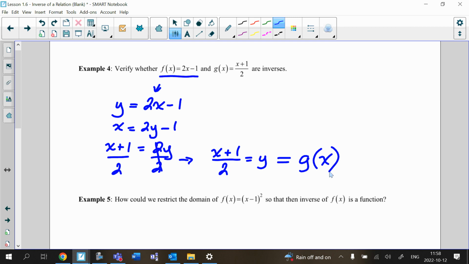So you want a final sentence here, therefore they are inverses. If I found the inverse of the first one and I didn't get this, then obviously you would say they're not inverses of each other.